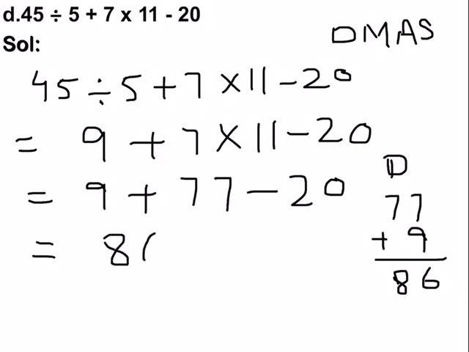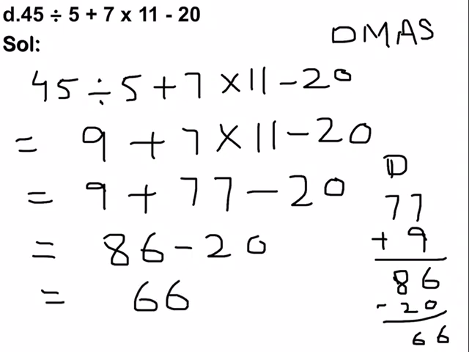That is 86 minus 20. Now we will subtract 20. 6 minus 0, 6. 8 minus 2, 6. So student, the correct answer is 66. And the answer of part D is 66. Understand?